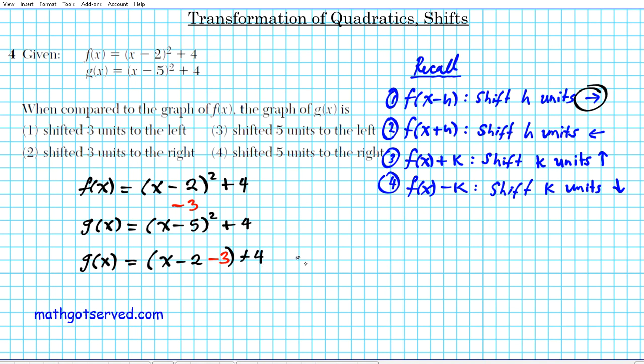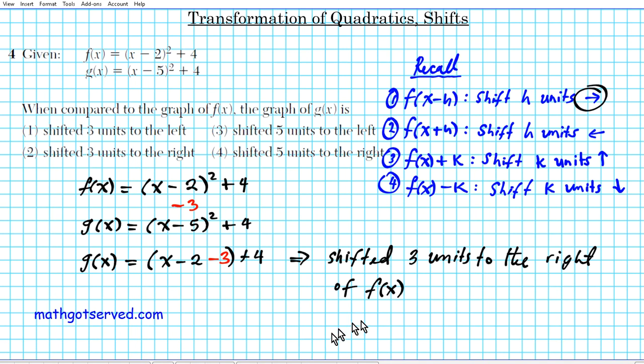So since it's a minus 3, this implies that the graph of g is shifted 3 units to the right of h. No, of f. Right of f. Okay? So that's basically what's going on here. This is the algebraic approach for solving the problem.